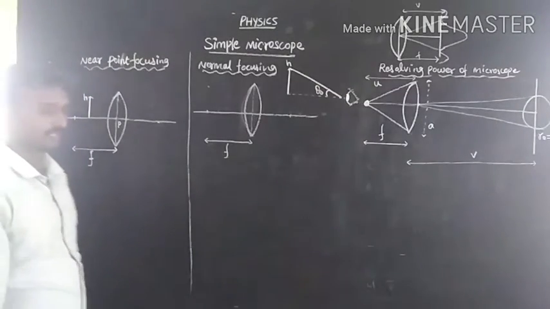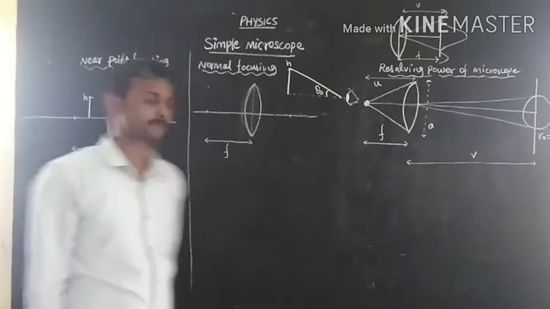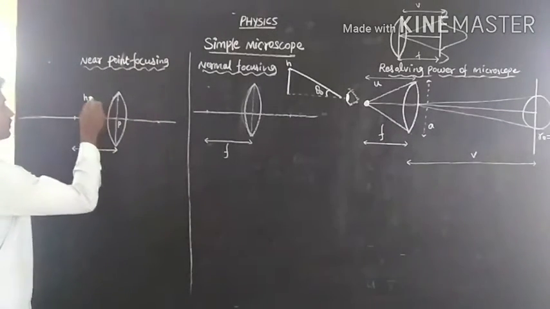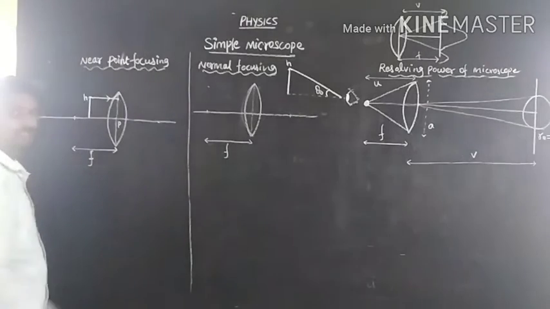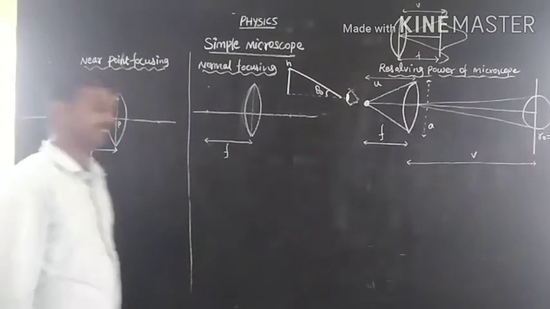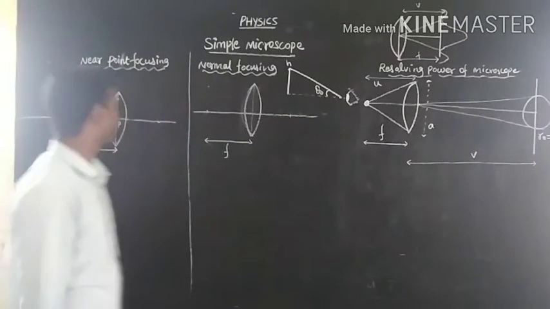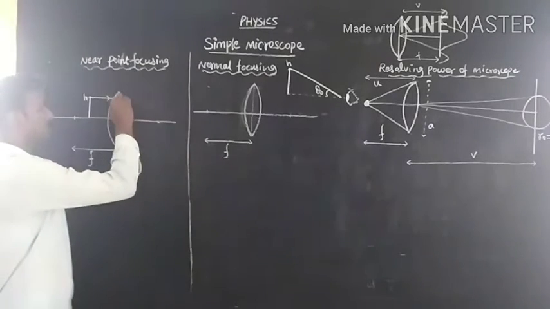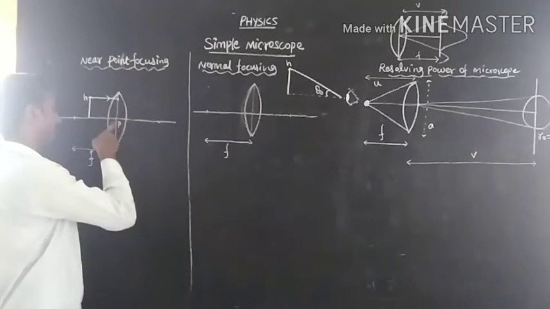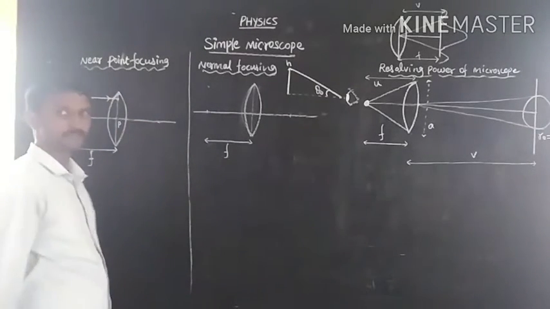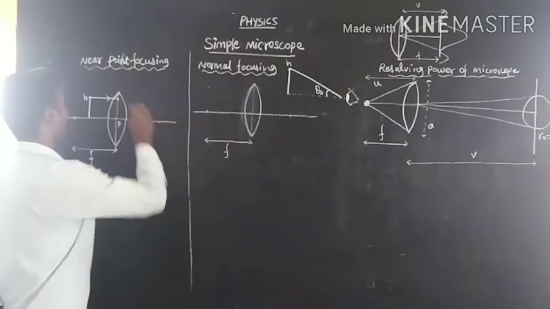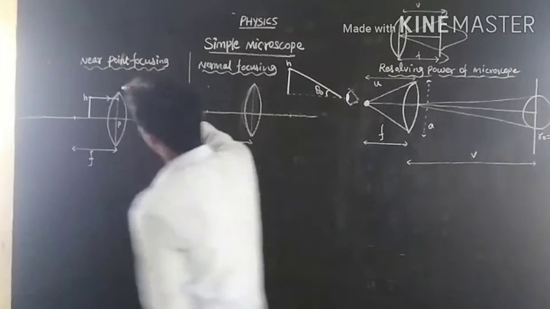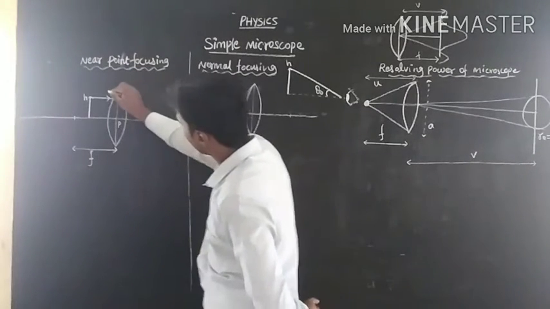You know very well about the refracted rays through the lens. A ray parallel to the principal axis, after refraction through a lens, passes through the principal focus. So on the other side of the lens, the ray passes through the principal focus.